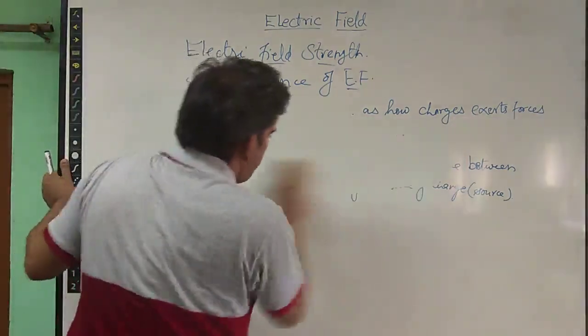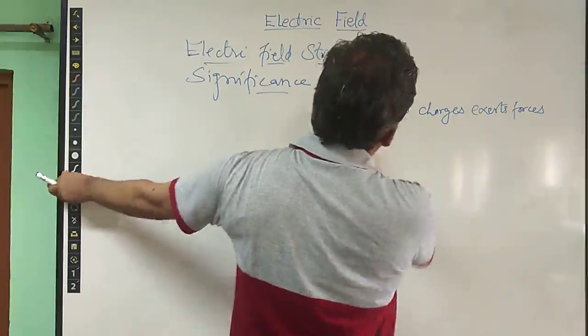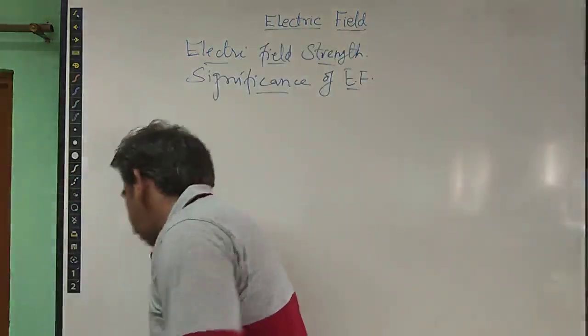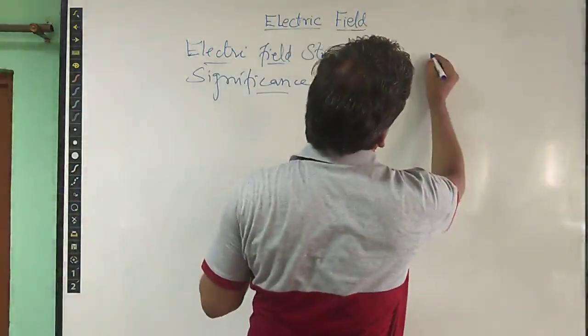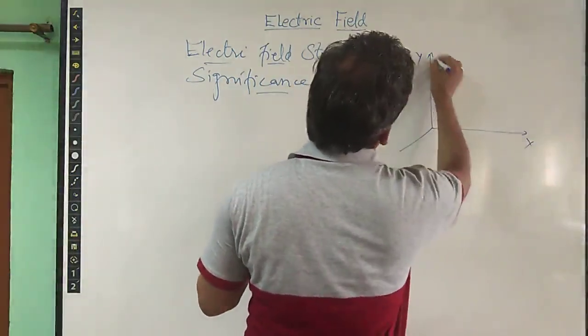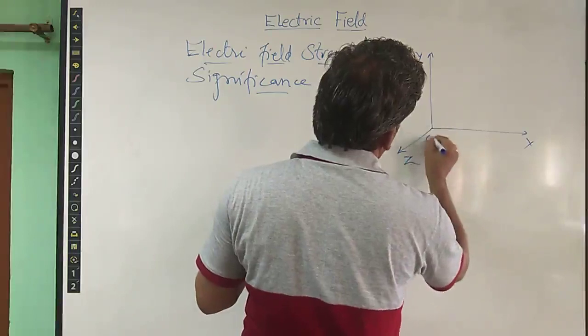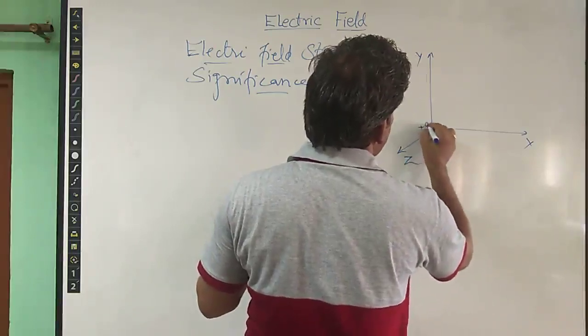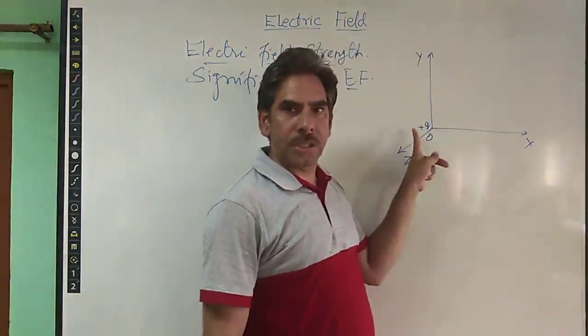Suppose that we have a charge plus q at the origin of a coordinate system. Here is the coordinate system x, y, z, at the origin of which we are taking some positive charge q. So this is the source charge.